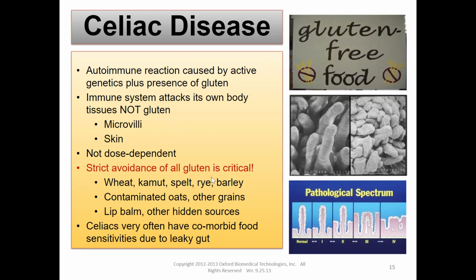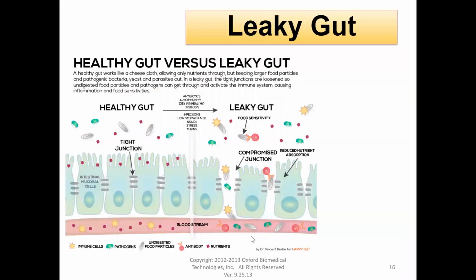And these are certain grains that literally need to be removed. And also when somebody does have celiac, they're usually working with somebody who is very specialized in this area, because you have to know where all of the sources could be coming from. And it's important to understand that celiacs very often have comorbid food sensitivities because their guts are so compromised.